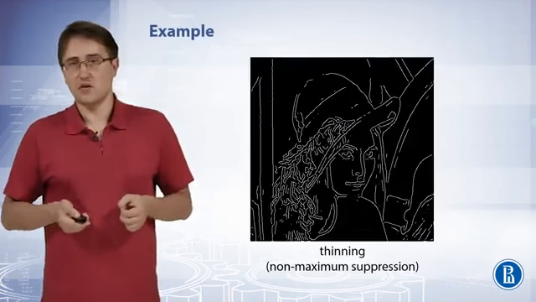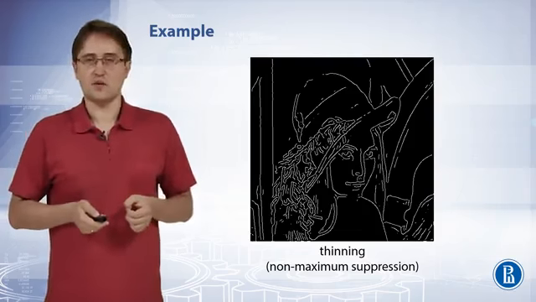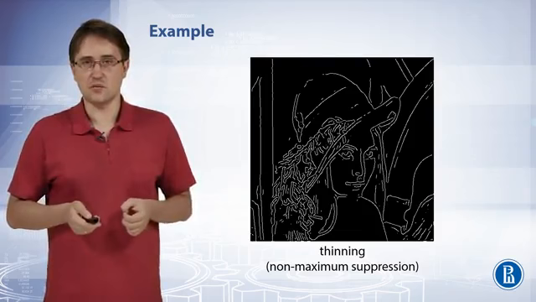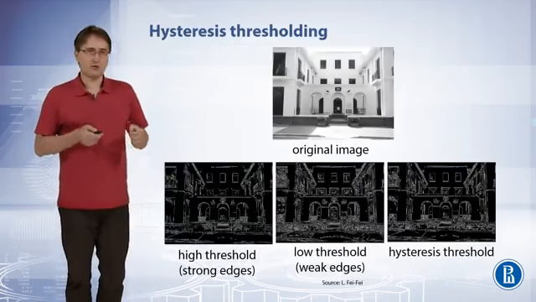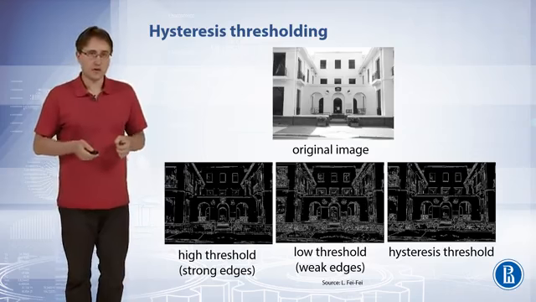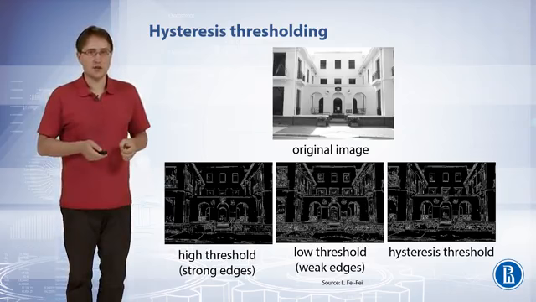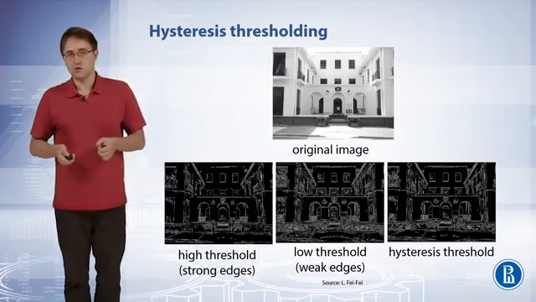Here is an example of thinning or non-maximal suppression applied to the edge map obtained for this particular image. Hysteresis allows us to achieve a balance between the amount of detected edges and noise. If only one threshold is used, we either miss weak edges, which are extensions of strong edges, or get a lot of noise from weak edges alone.